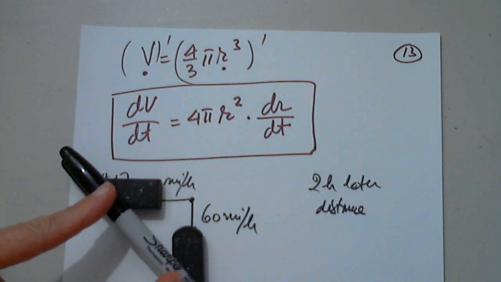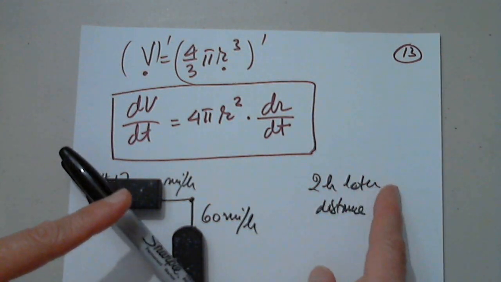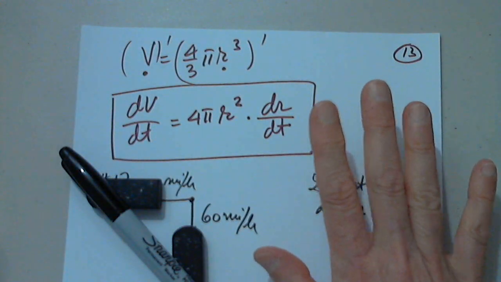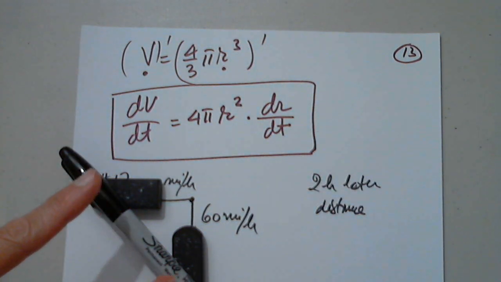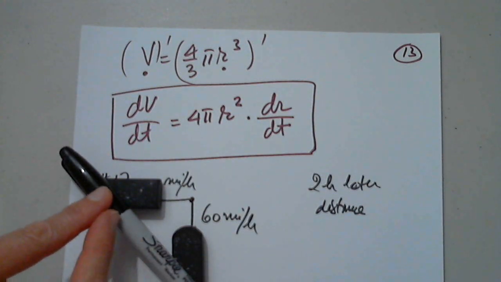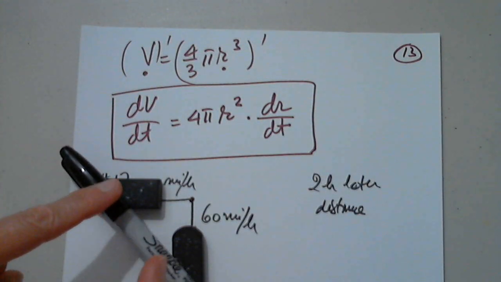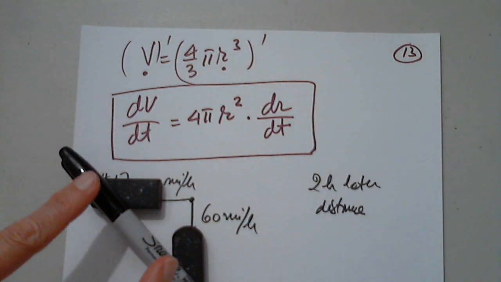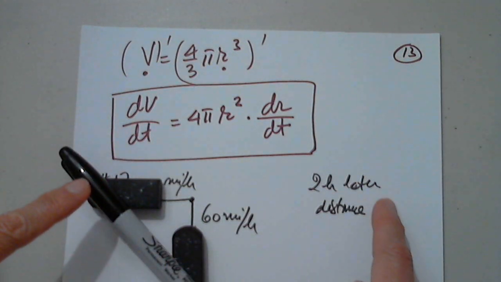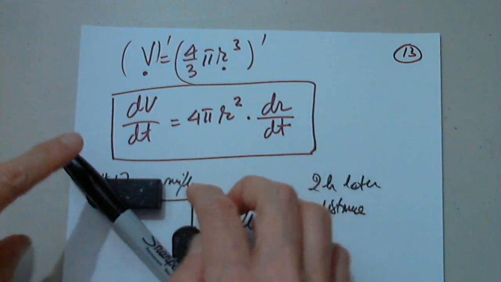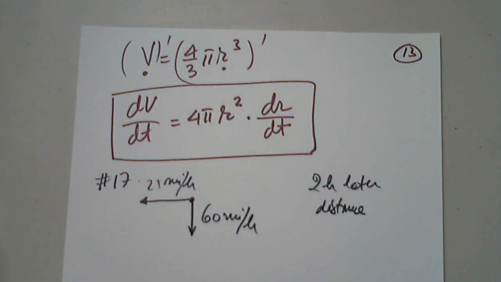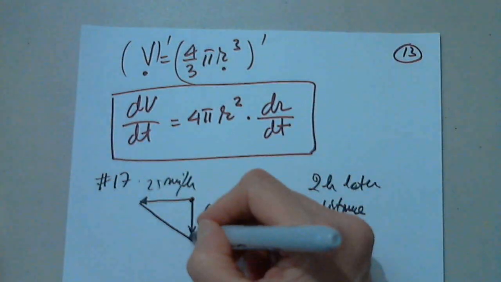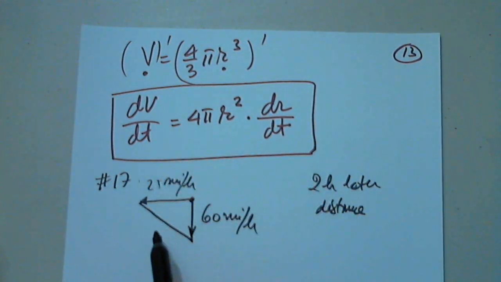They're asking us at a particular moment that I don't care about at this point. I need to determine how fast this distance is changing as they continue driving, but at a particular instant, 2 hours from the moment they started. So in order to determine the rate of change, I first have to picture what I'm discussing.